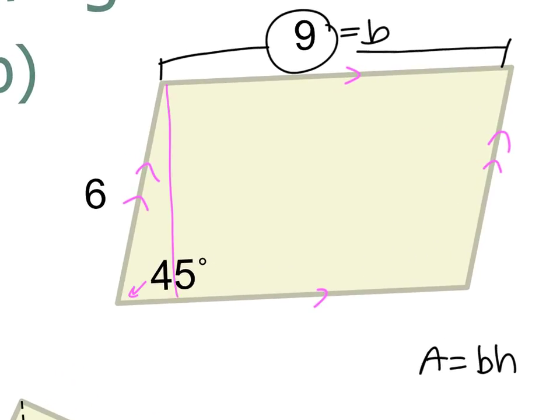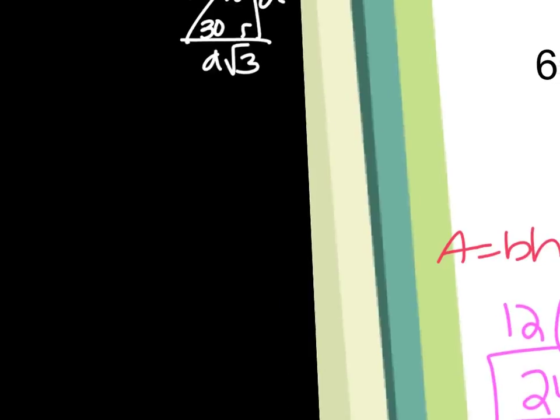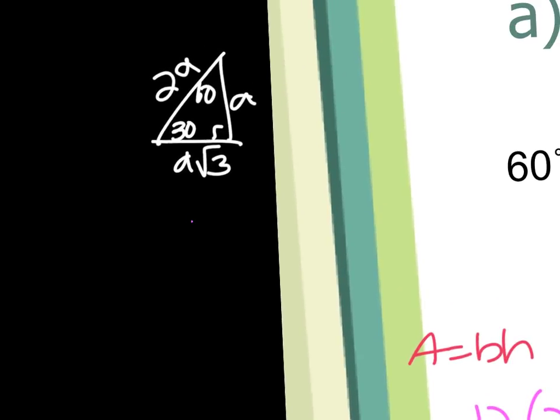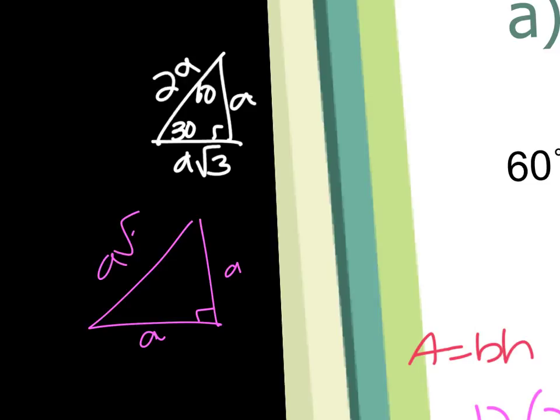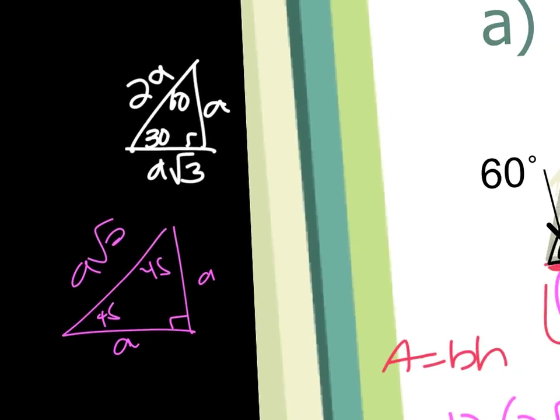So if I drop down my line to make my height again, now what kind of triangle do I have? 45, 45, 90. And the relationship there? A root 2. Good. So 45, 45, 90 is A, A, and A root 2.